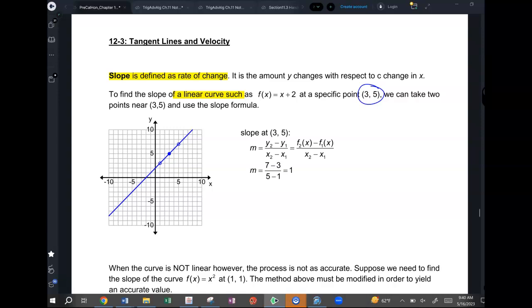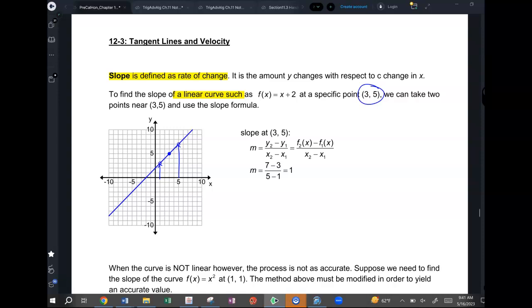So if this is (3, 5) right here, we take 1 point before and 1 point after, here and here, and we find the slope, and the slope ends up being equal to 1, right? Makes sense? Okay.